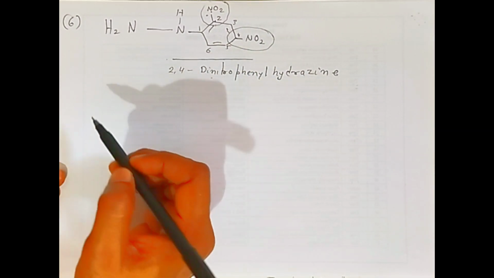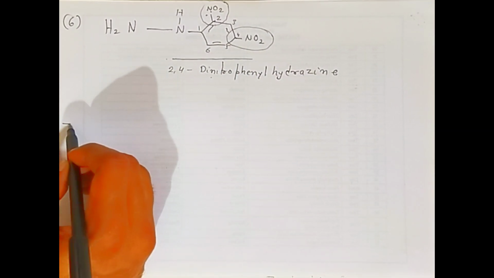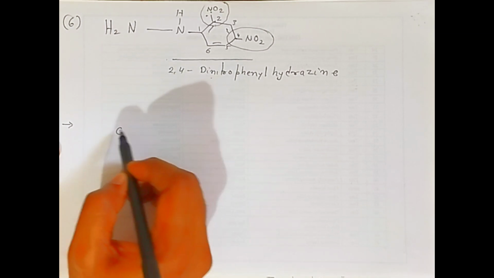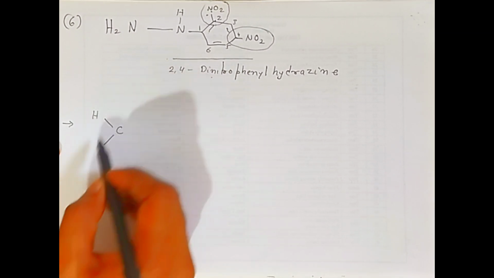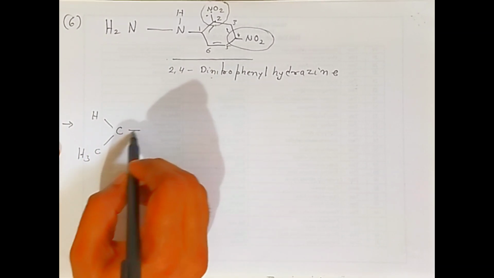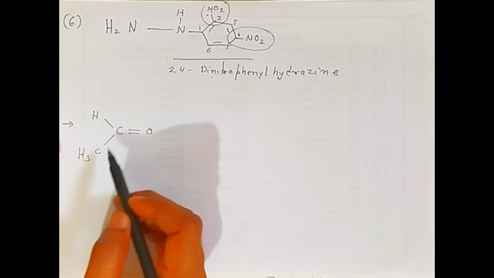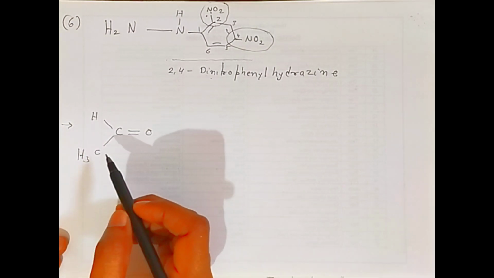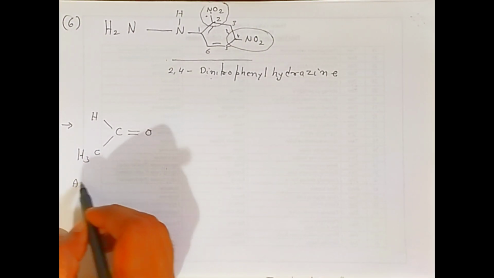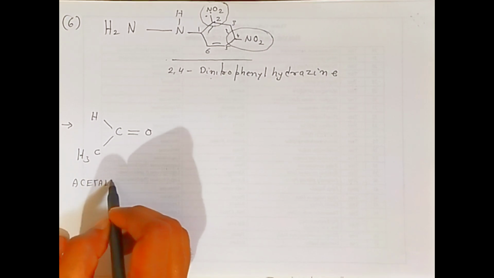This is the ammonia derivative, students, 2,4-dinitrophenyl hydrazine. What happens, students, when it reacts with an aldehyde, that is acetaldehyde? Here we take carbonyl, with one valency taken by hydrogen and the other by methyl; we call it acetaldehyde.